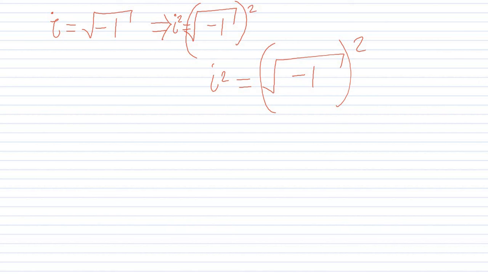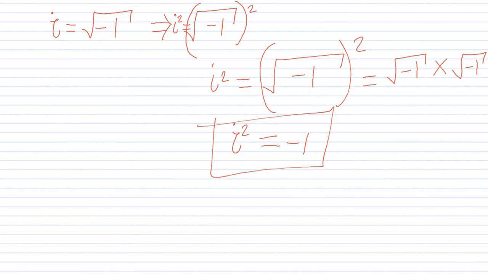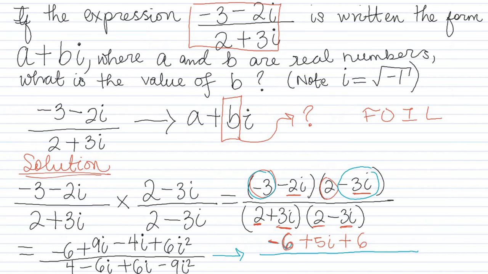That's the same thing as the square and the square root canceling out, because it's like saying the square root of negative 1 multiplied by the square root of negative 1, which simply gives you negative 1. So therefore, i squared equals negative 1. So I'm just going to put that here.